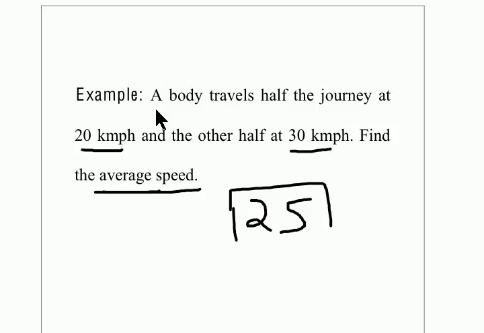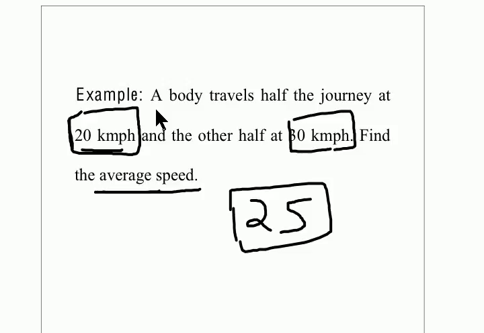Well, this is what the exam setters are hoping you would come to this conclusion. Unfortunately, the answer is wrong, because the body travels half the journey at 20 kilometers per hour and the other half at 30 kilometers per hour, which basically means that since 20 is the slower speed, it spends more time traveling at 20 and less time traveling at 30 because the distance is the same.